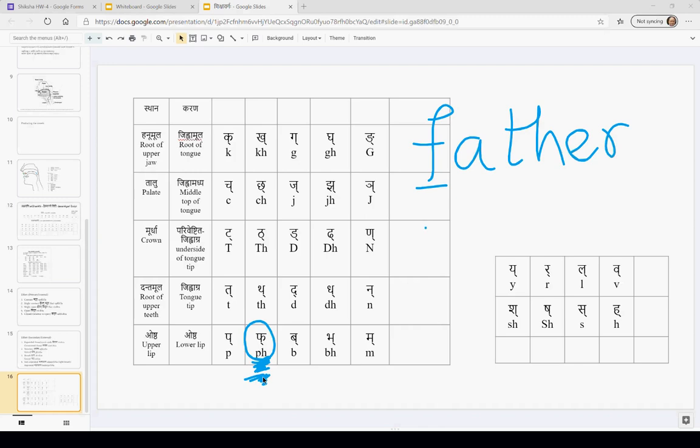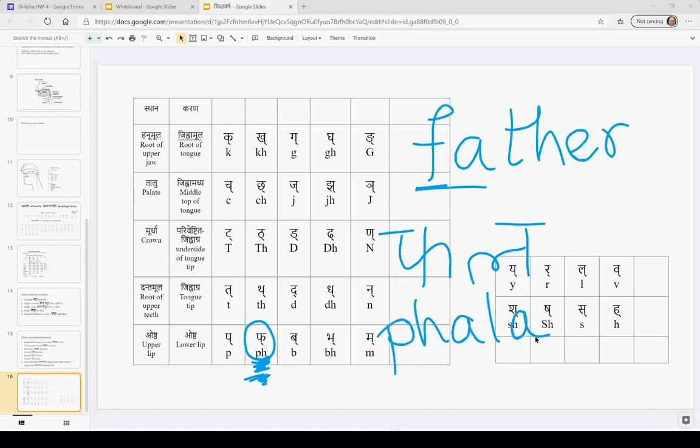For example, when we say phala, when we say father, we're trying to push the air through the upper teeth, and the lips are very close but not completely closing. But in pa, lips are completely closing here. Pa, phala.